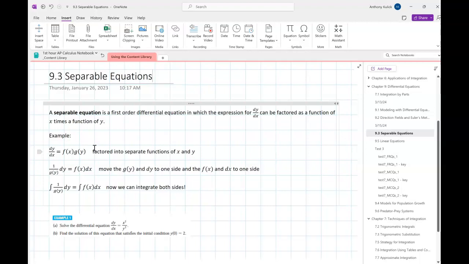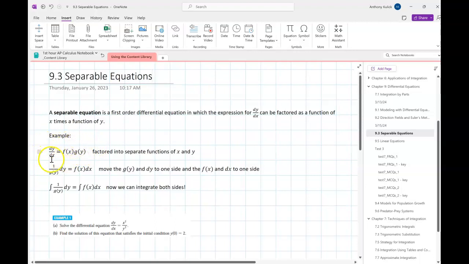To do that, multiplication and division are really my only tools. So to get the y's on one side, I divide both sides by g of y, and then multiply both sides by dx. And that gives me this.